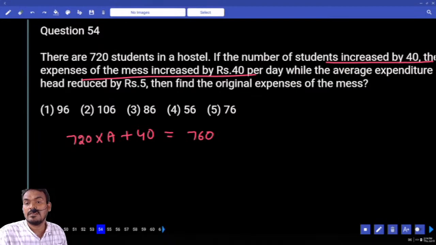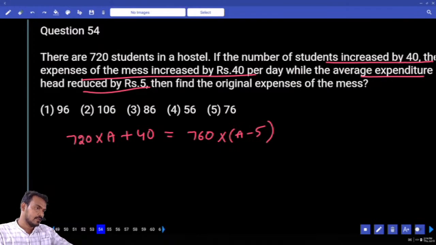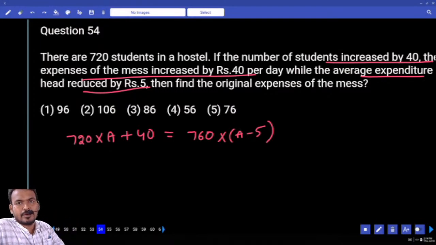But the average is reduced by 5. What is the original average? A. The new average is A minus 5 or A plus 5? A minus 5. Before adding the 40 members, the original expenses were 720 into A. After adding the 40 members, the new expenses are 760 into A minus 5.